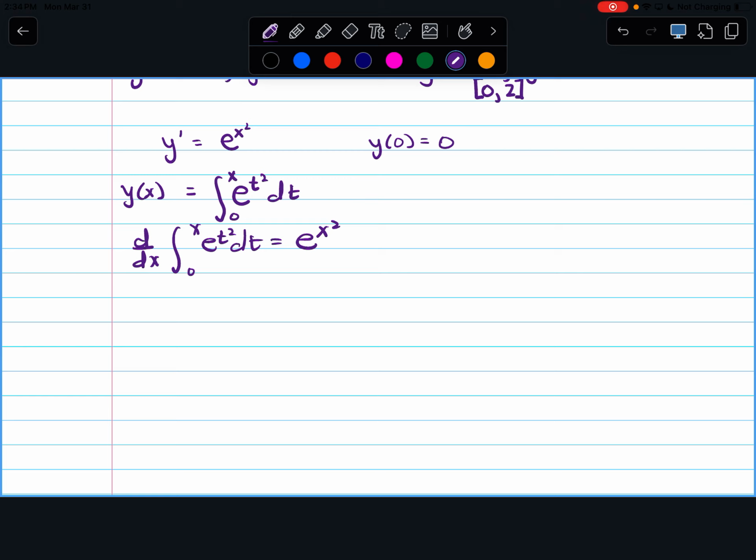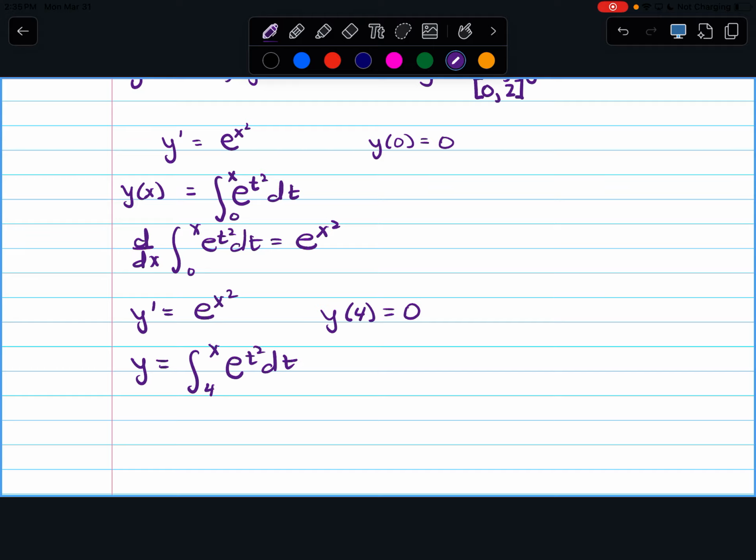Now, if you had y prime equals e to the x squared and this initial condition, let's suppose y of 4 equals 0, then you could write that as y equals the integral from 4 to x of e to the t squared dt.